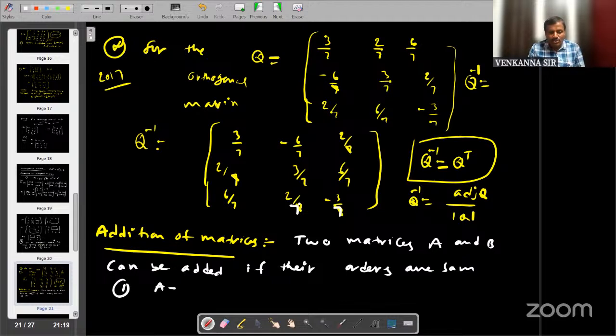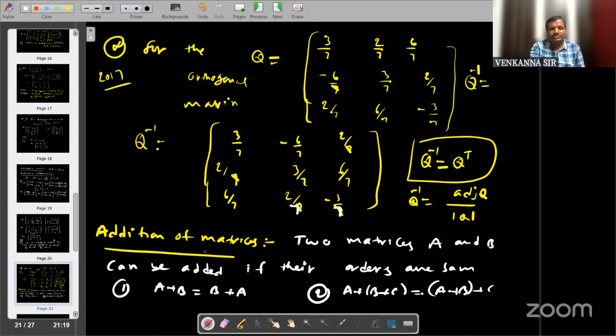It follows A plus B equal to B plus A. What is this law? Is it commutative law or associative law? Yes, it is commutative law.